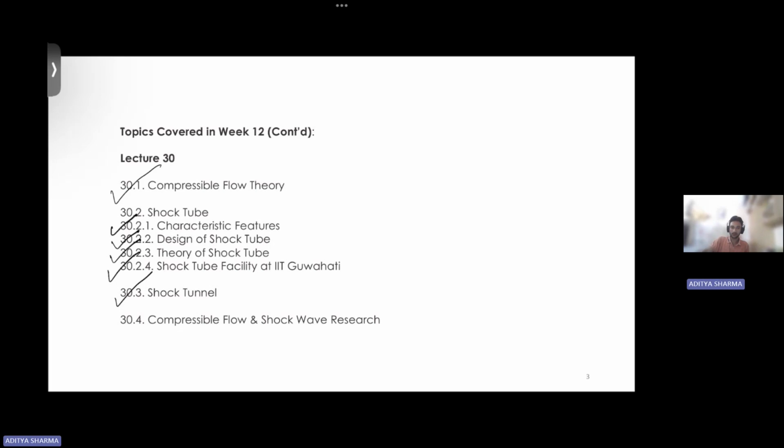It can also cater to a Reynolds number of 10 raised to power 6 and an enthalpy of 5 megajoule per kg. And for this shock tunnel, the test time remains in milliseconds.